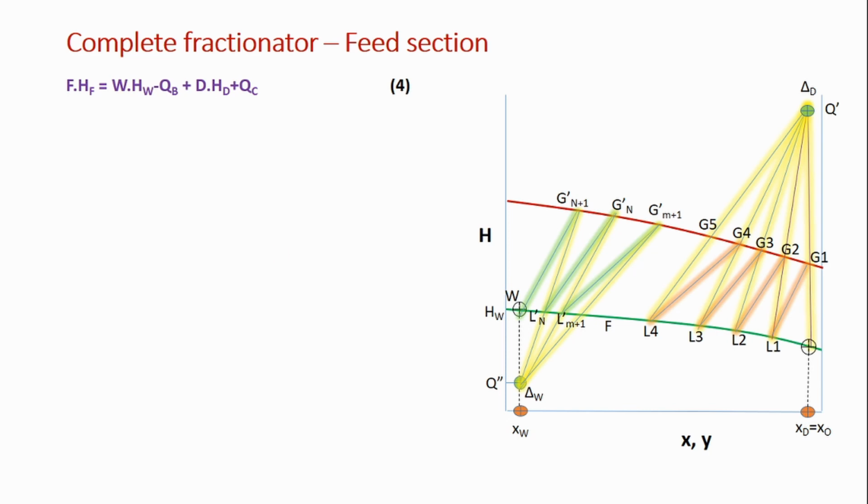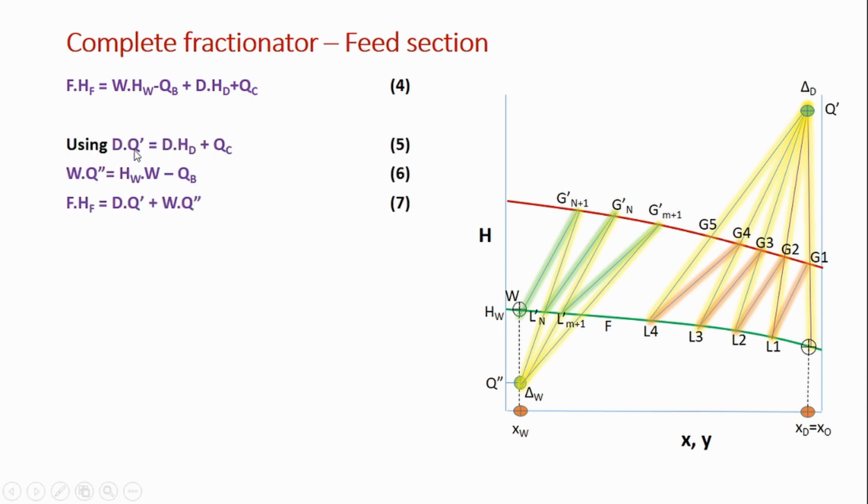So we have FHF is WHW minus QB plus DHD plus QC. I can use D into Q dash for DHD plus QC. So this term can be represented as D into Q dash because Q dash is DHD plus QC by D, right?